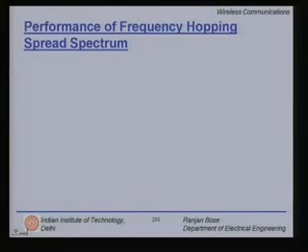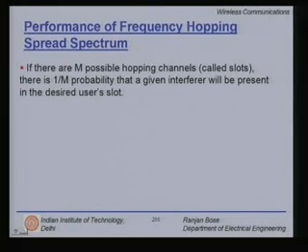Now let us move to the performance evaluation of the frequency hopping spread spectrum technique. If there are M possible hopping channels called slots, there is 1 over M probability that a given interferer will be present in the desired user's slot.